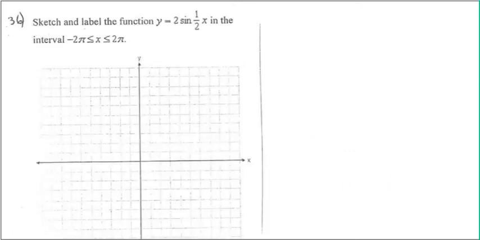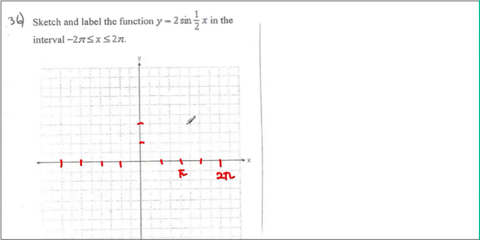Alright. Here, similarly, it's going to have half the cycle. So I'm going to go up 2 units. So I'm going to make 2. And then 1, 2, 3. So this will be pi. This will be 2 pi. So here we have sine of half of x times 2.